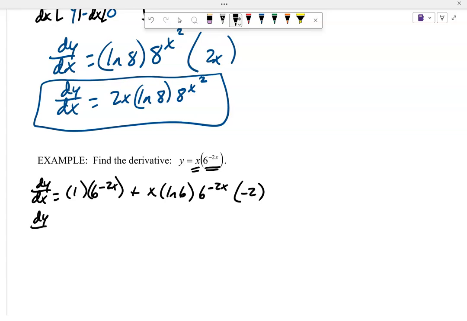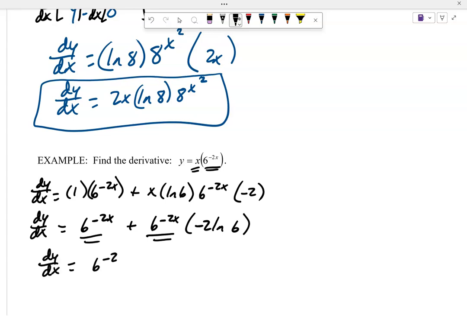And so my dy dx ends up being 6 to the negative 2x, plus I'm going to put that 6 to the negative 2x out front of my negative 2 ln of 6. And so if I take out 6 to the negative 2x on both of those, I would leave a 1 minus 2x ln of 6.